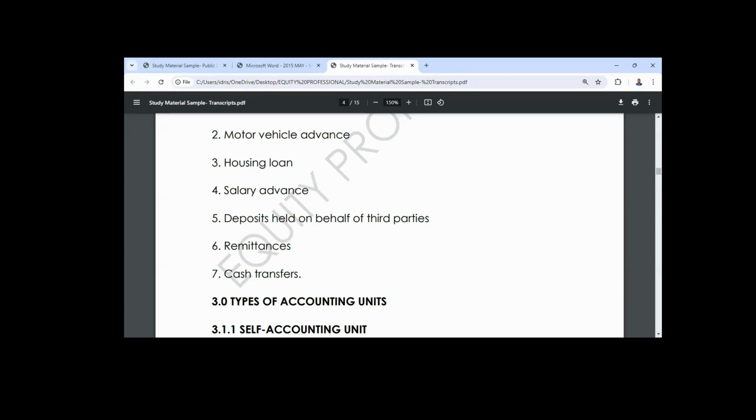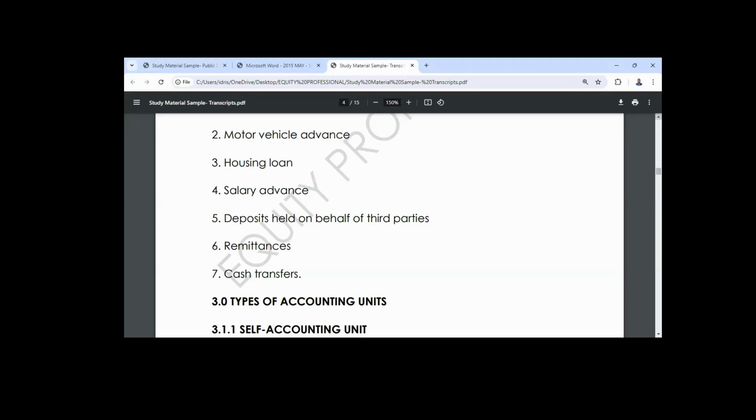Do you understand? Can you say that again, please? I said our transcript has two components. As you all know, transcript is a summary of the cash book. In the cash book, we have receipts and payments.